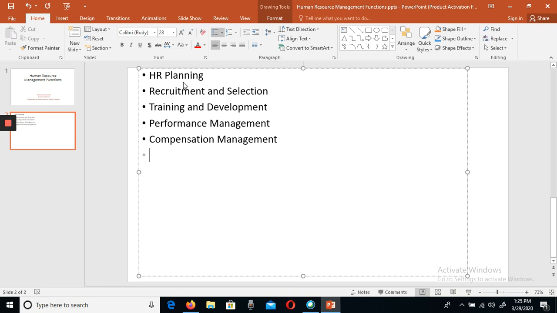And the sixth function of human resource management is employee health and safety.